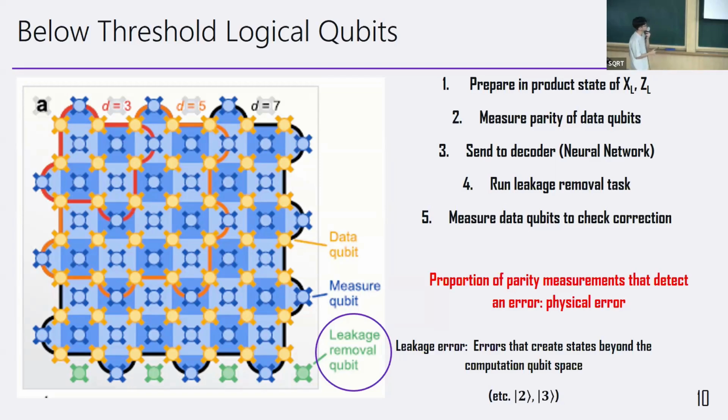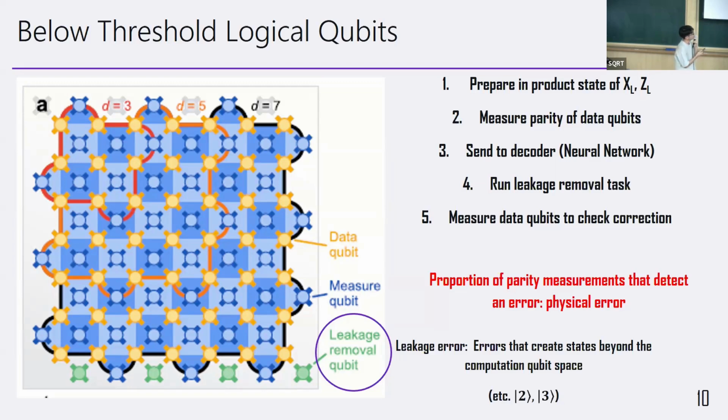These qubits' jobs are to correct these leakage errors. The algorithms are quite similar to your conventional surface code. You prepare, using the measured qubits, the state into a product state of these X and Z stabilizers, you measure the parity, and you send it to the decoder, but this time the decoder is a neural network. You have a neural network that's pre-trained on data, and you use it to decode in real time.